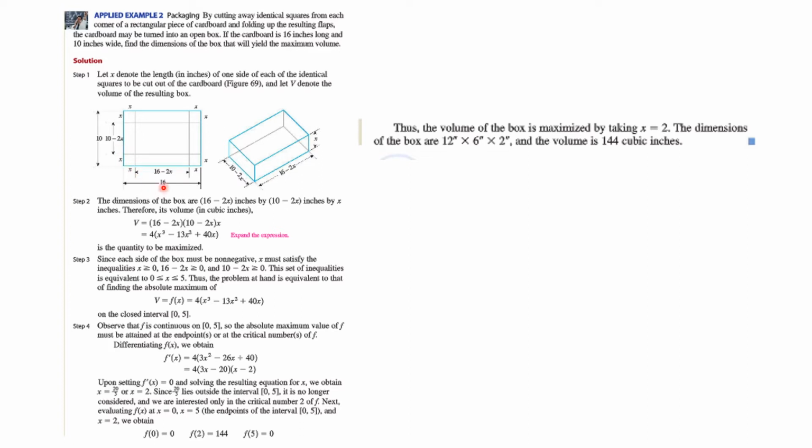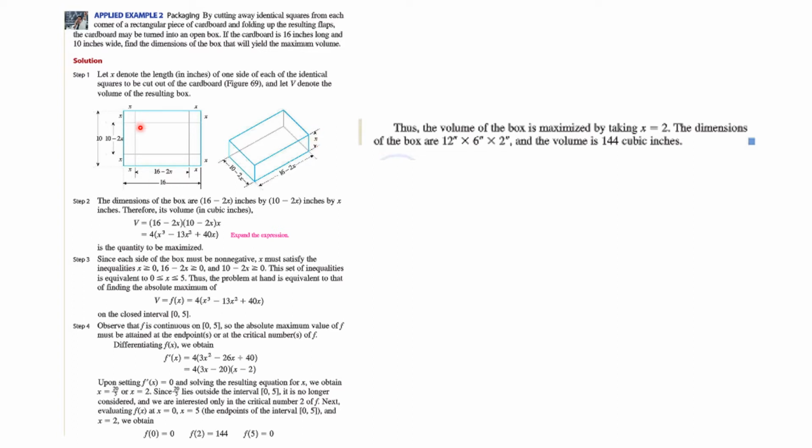And this side is going to be 16 minus 2x because I'm subtracting x from both sides. And when you fold it, you get a box that is 16 minus 2x, 10 minus 2x, and the height of the box is x. And we're going to want to explore the volume.